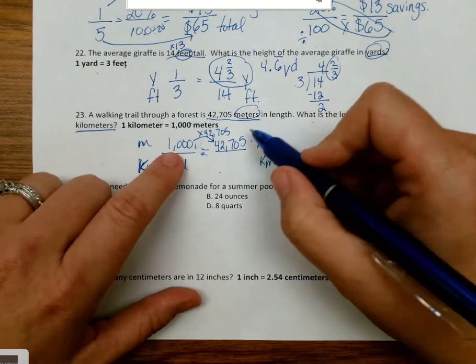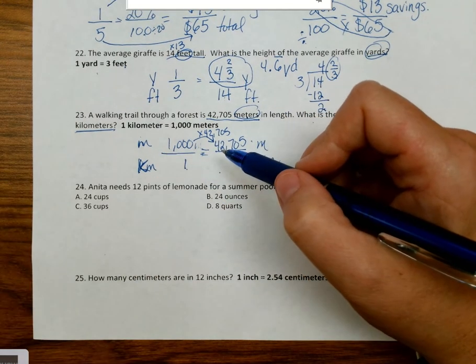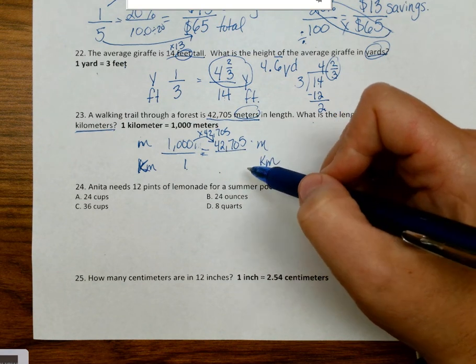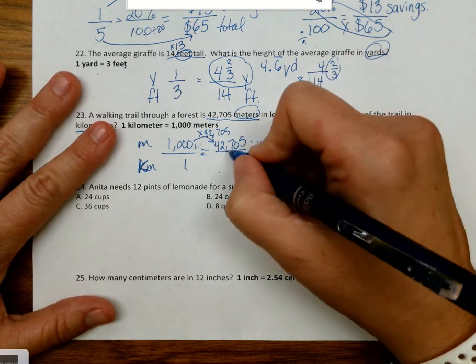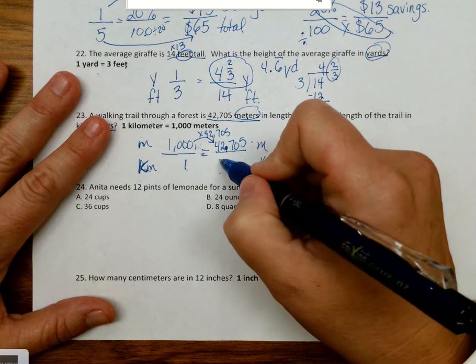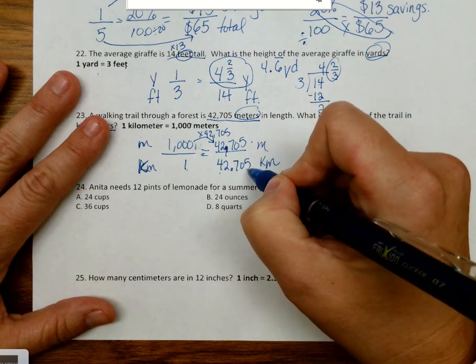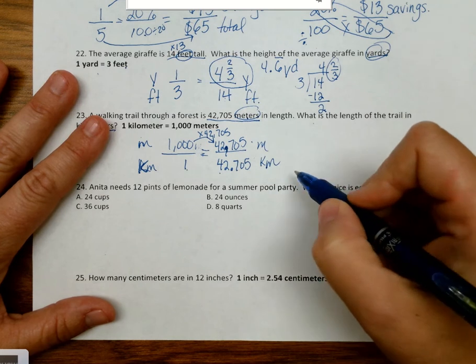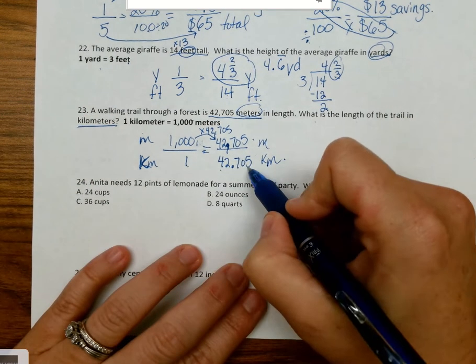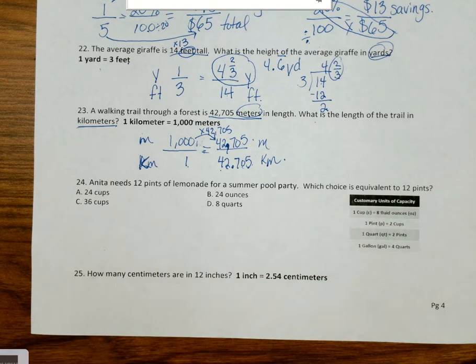Let me take a quick peek so I make sure I have what I need. So 42,705 divided by 1,000 equals 42.705. There we go. Jeez Louise, Miss Tresta. So I would end up with 42,705 parts of a kilometer. So that's my decimal. So 42 kilometers with 705 as my leftover.